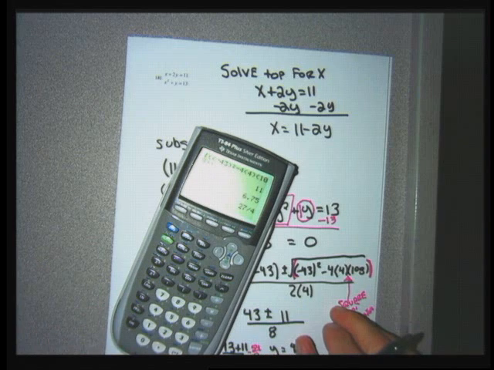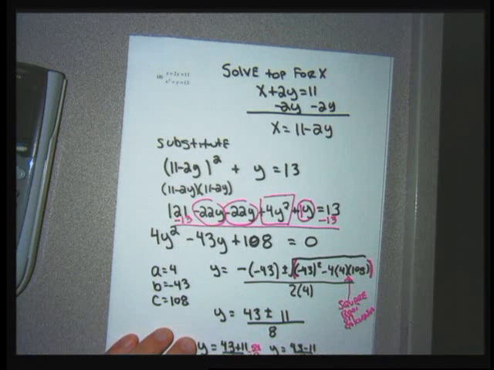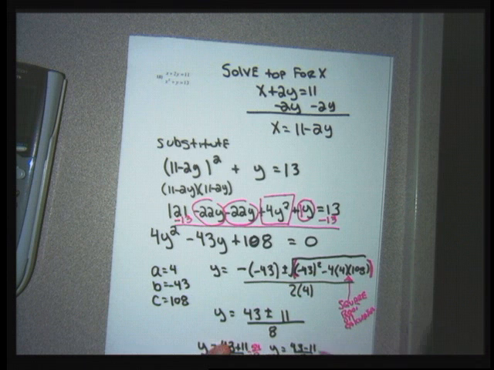That's 27 over 4. It reduces by 2. For some reason, I thought it was going to reduce by 4. And for this one, 43 minus 11 is 32, and 32 over 8 is 4. So I get two answers for y.